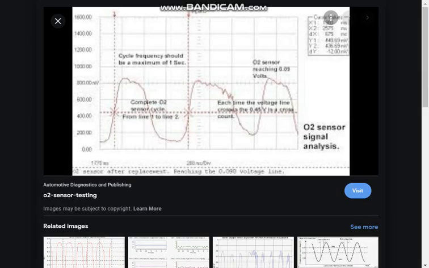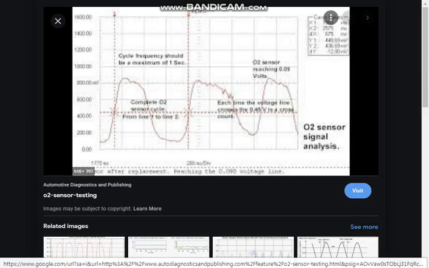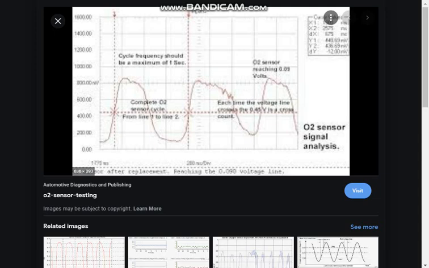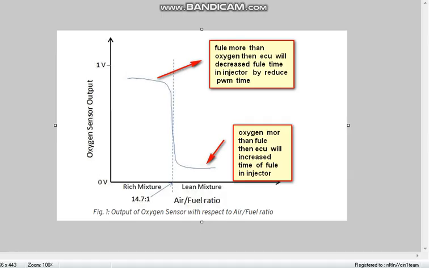Actually, the second oxygen sensor's signal looks like this. So we must consider the ECU working at this point, 0.8 and 0.2.